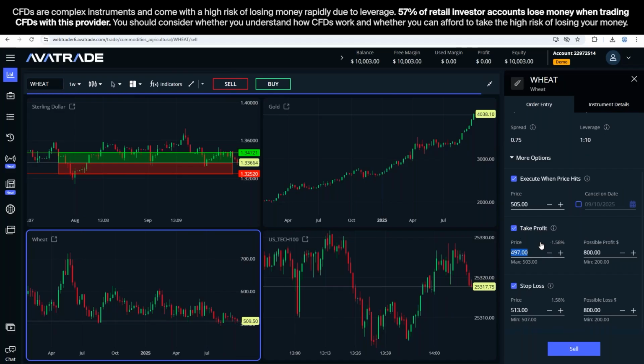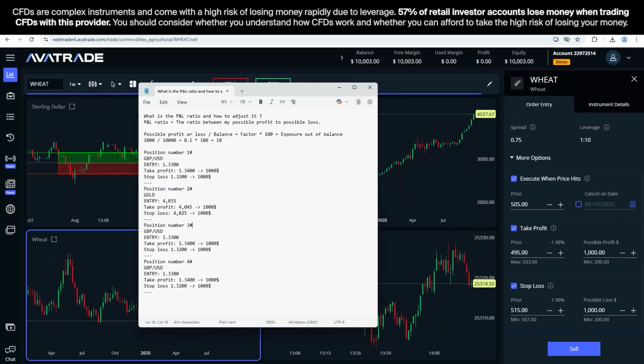Our take profit can be 495, and our stop loss is going to be 515. Again, we're looking at the same ratio, but this is not an issue. We're going to fix that. Clicking on an entry, choosing 505. And then take profit can be, as we said, 495. Stop loss can be 515.